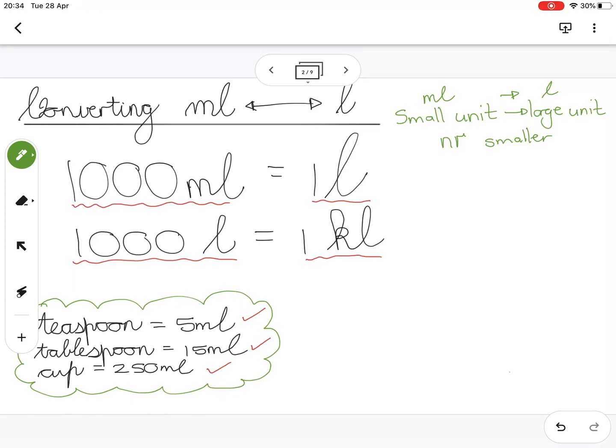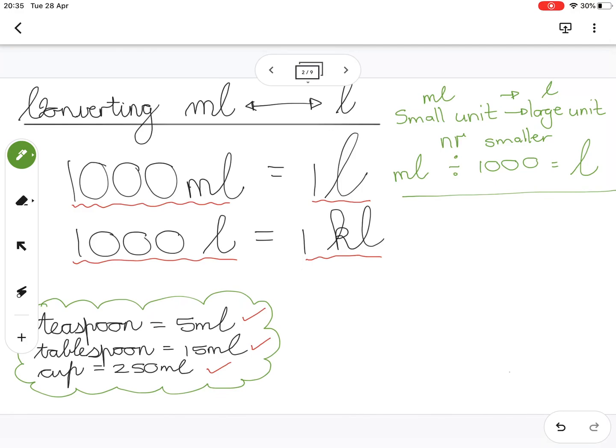Because to go from milliliters to liters, we have to divide by 1,000. That's just to remind you whether you should divide or times. So if we go from milliliters to liters, we take our milliliters, we divide by 1,000.